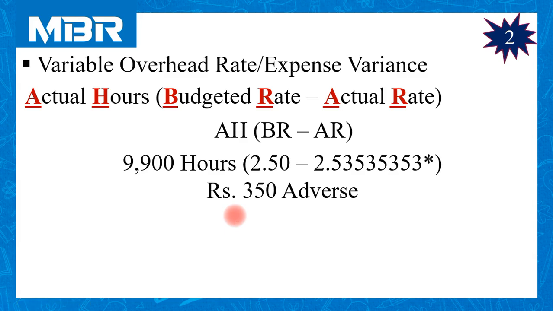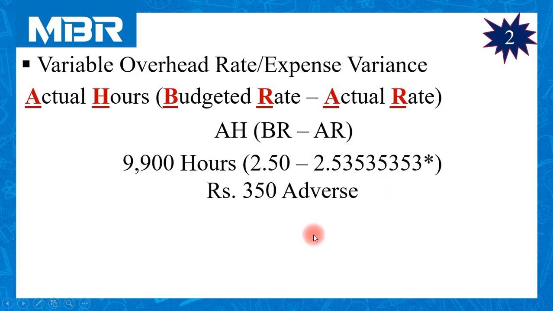Why it is adverse? We need to think twice. We have decided to pay rupees 2.5 per hour, but actually we have paid 2.53535353 to our workforce. Here we have paid more amount to our workforce.